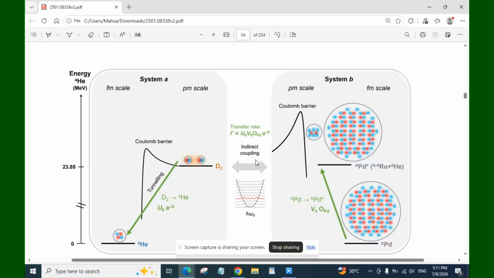Here in the Coulomb barrier it is indirect coupling, and you see h omega 0, the transfer rate is gamma, U0 V0 omicron palladium e to the power of minus G, and you see the magnification of these two, deuterium here.